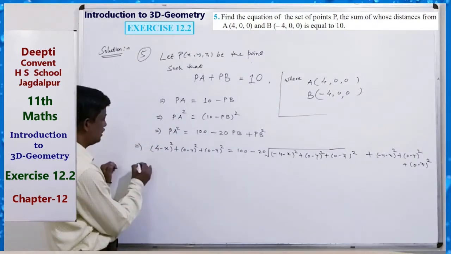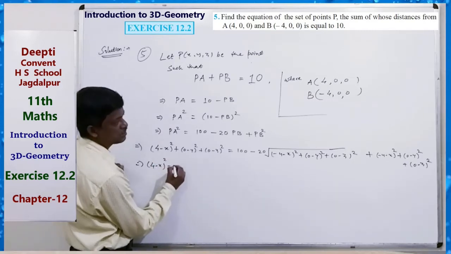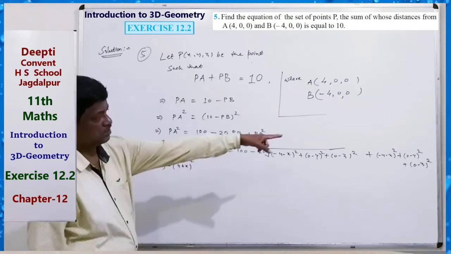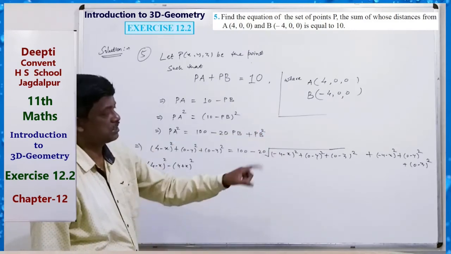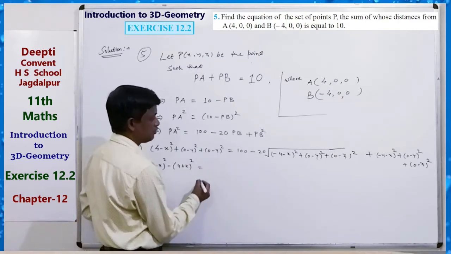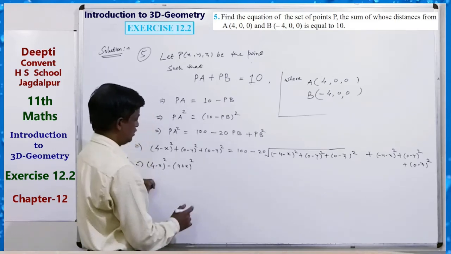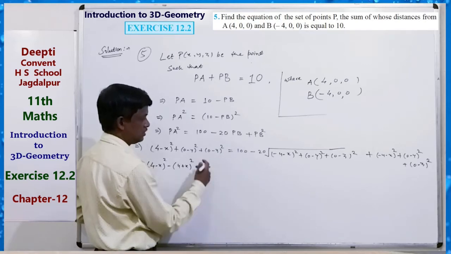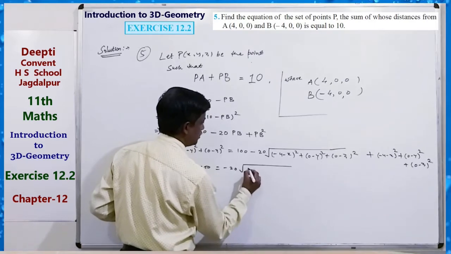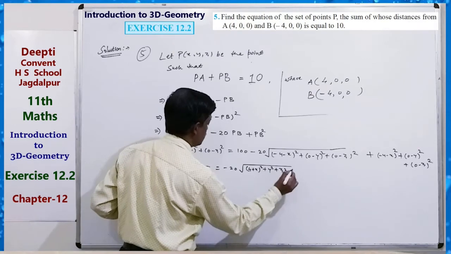Transferring here (4 minus x) square, and transferring here (minus 4 plus x) square, just minus both, these are cancelled out, equals minus 100 on the left hand side, equals minus 20 root over (4 plus x) square plus y square plus z square.